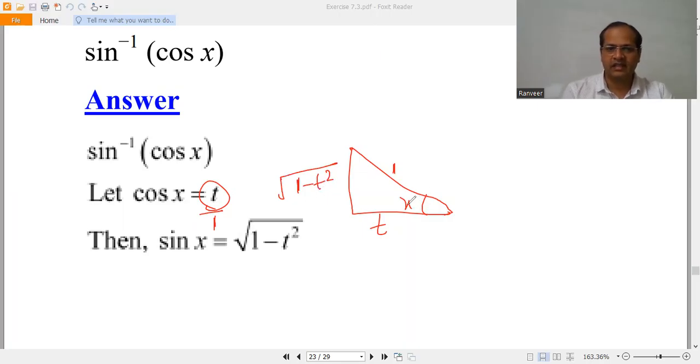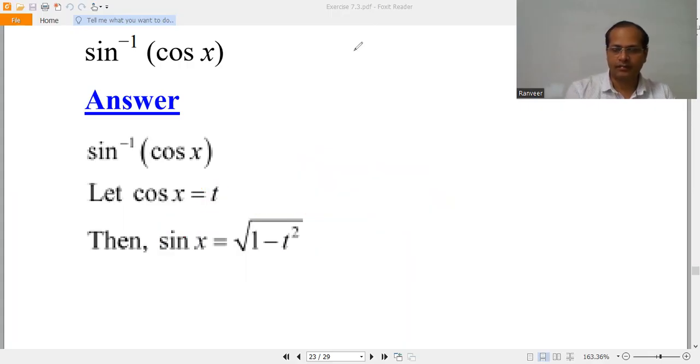So sin x is nothing but root of 1 minus t square divided by 1. So first of all, we have to convert it, sin x is nothing but root of 1 minus t square.